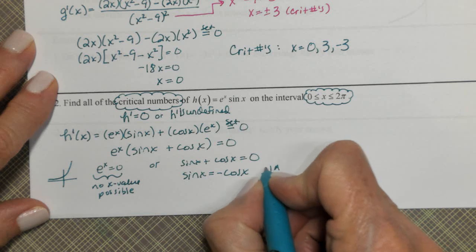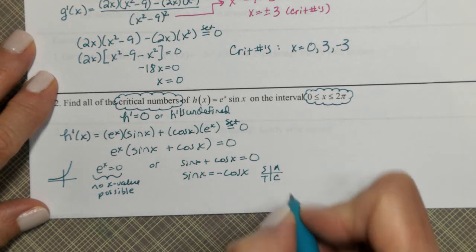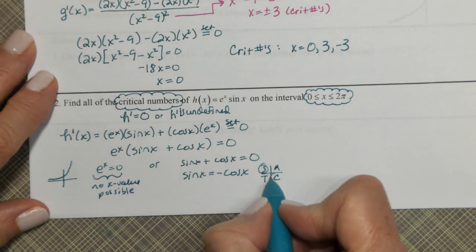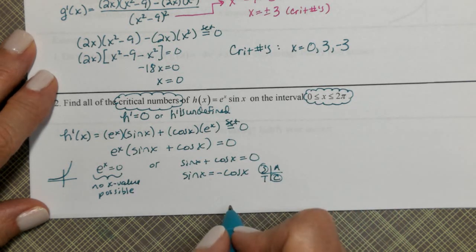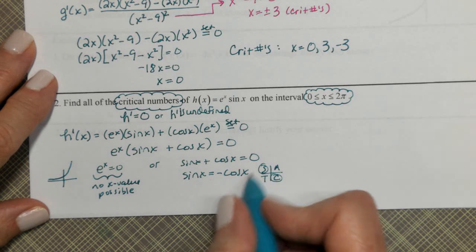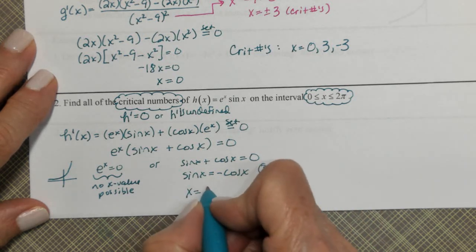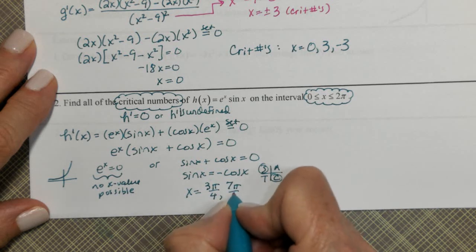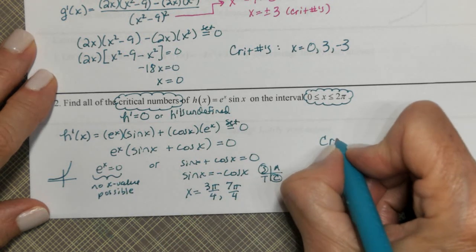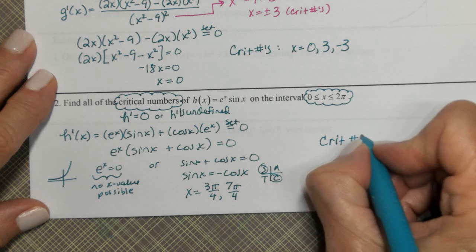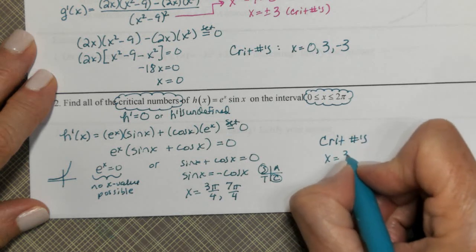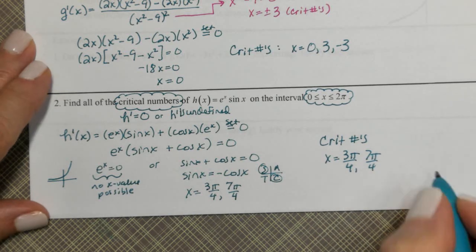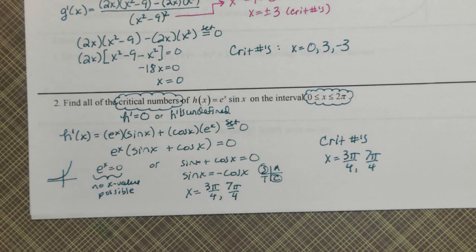All students take calculus, so they are opposites in quadrants 2 and 4, so it'll be the pi over 4 angle in quadrant 2 and in 4, so x is 3 pi over 4 and 7 pi over 4. And those are our critical numbers. So that is critical numbers.